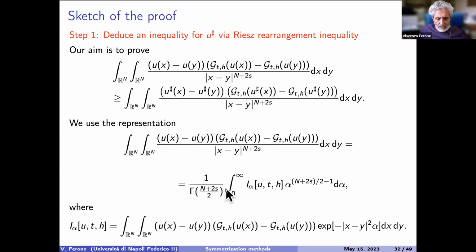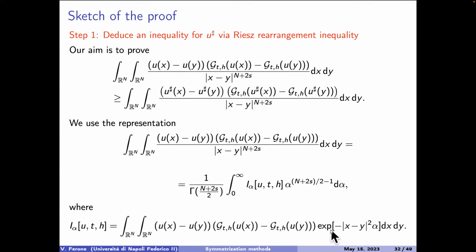And this I_α is nothing else than (u(x) minus u(y)) times (G_{t,h}(u(x)) minus G_{t,h}(u(y))). And there is this exponential here, which is, in fact, the integral representation for the kernel.